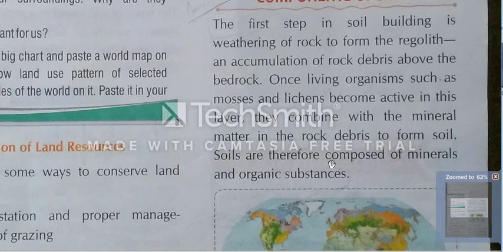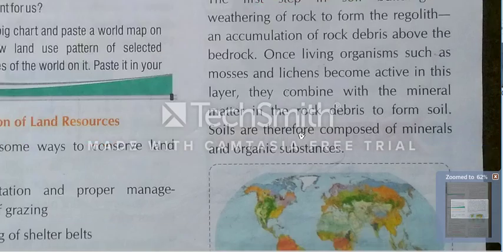Soils are therefore composed of minerals and organic substance. That is the reason soil is composed of minerals and organic substance. Clear?